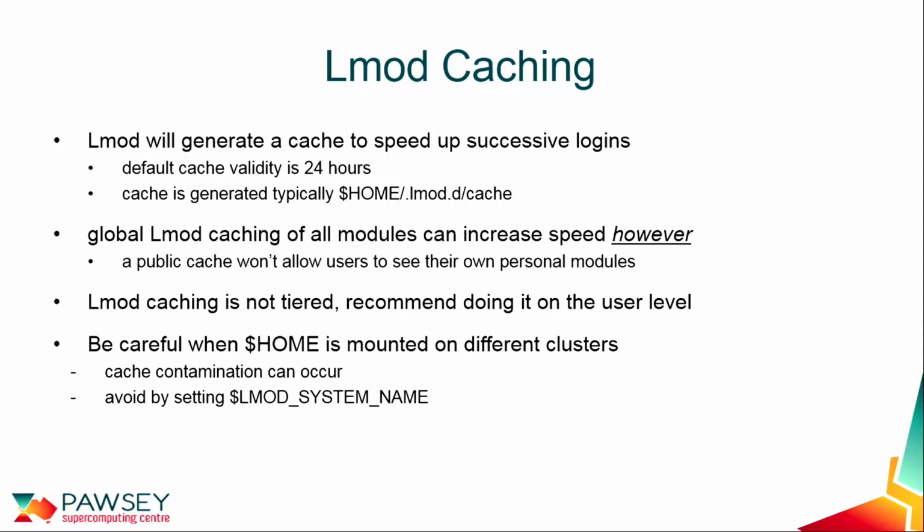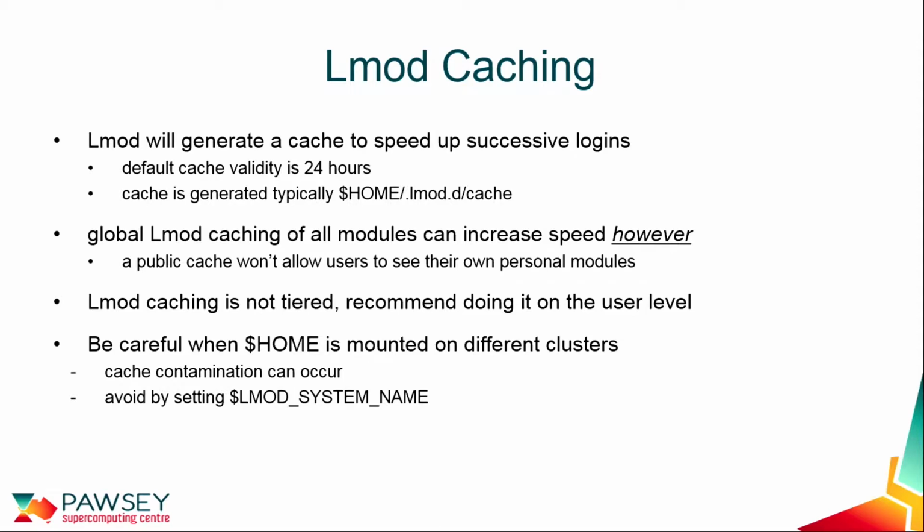This can increase speed, but to generate a cache, you need to be aware of the modules. So you could generate a public cache for your cluster, okay? And that will make all your modules cached and viewable to your users, and it will speed it up.